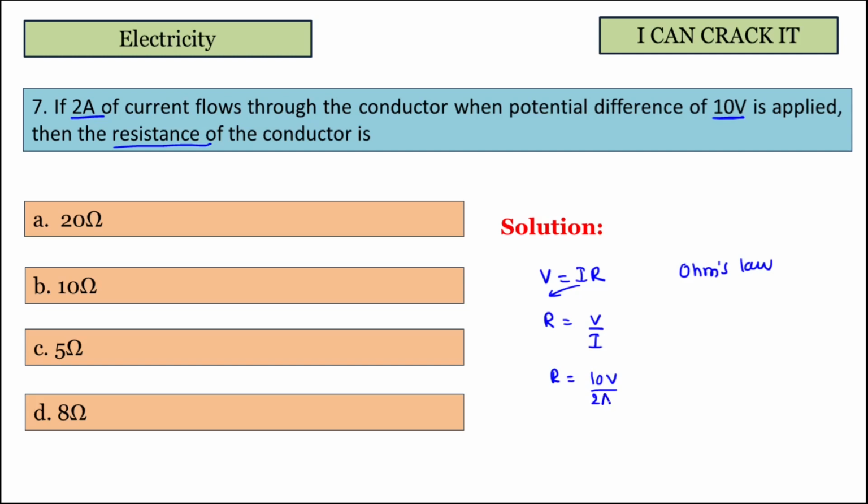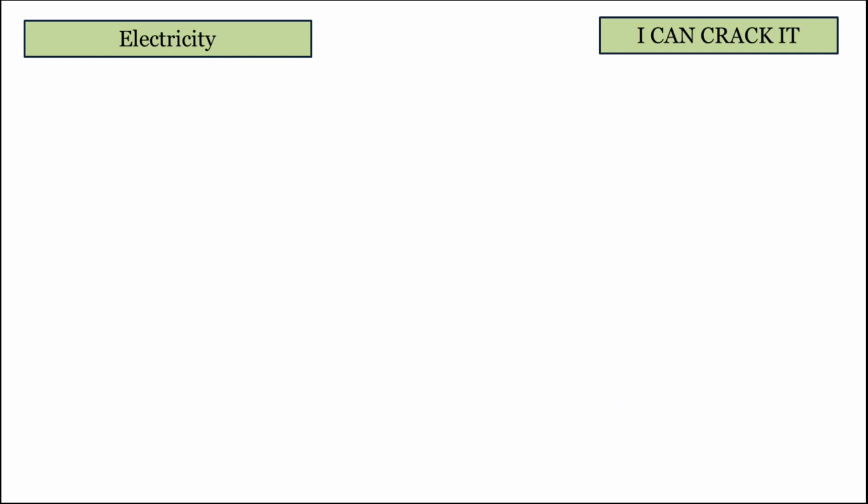How much I? 2 ampere. Now 2 ones are 2, 2 fives are 10. You get what? 5. What is the SI unit of resistance? Ohm. Or you can say volt by ampere is nothing but ohm. So, what's the answer? 5 ohm. So, which option? Option C, 5 ohm. Right.